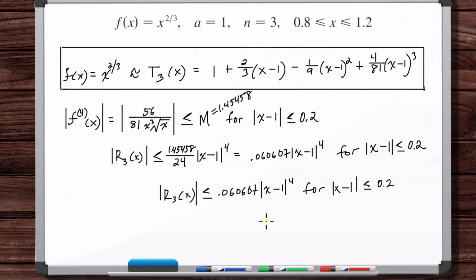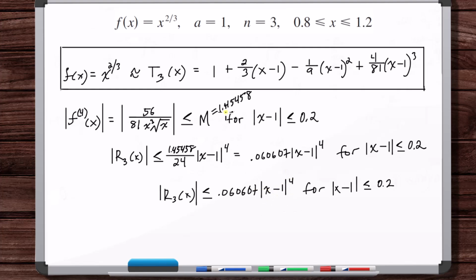Okay, now we're not done yet because it depends on which value of x we pick, right? The distance of the Taylor polynomial from the actual function value is going to depend on the x we pick. So let's pick the x that makes this the largest.